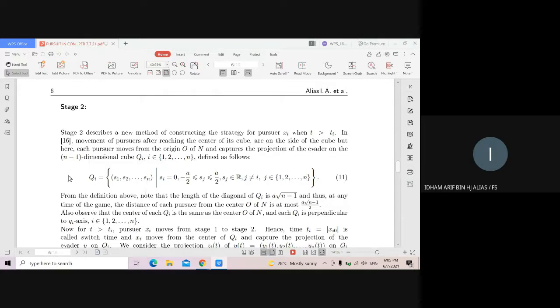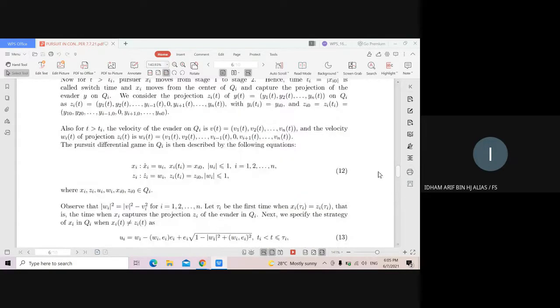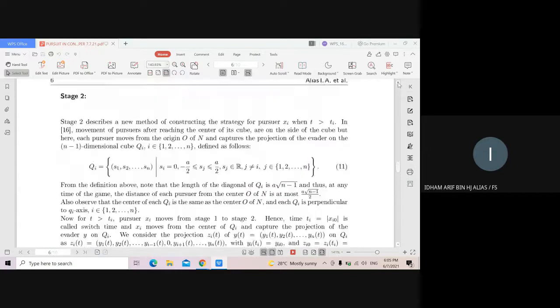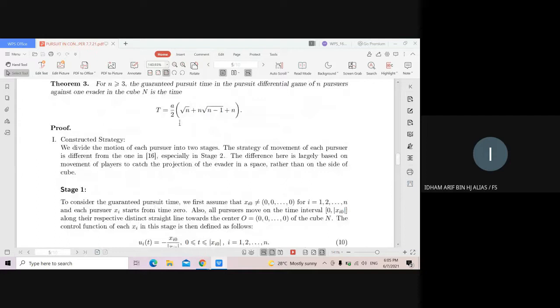So this is the main difference between our approach and the approach in the work of 2015. Okay, by using this approach, we get our result, which is an improvement on the guaranteed pursuit time from 2015.